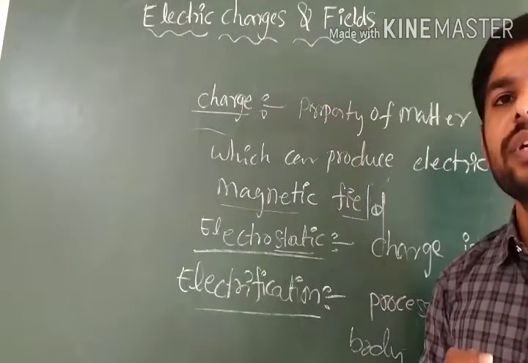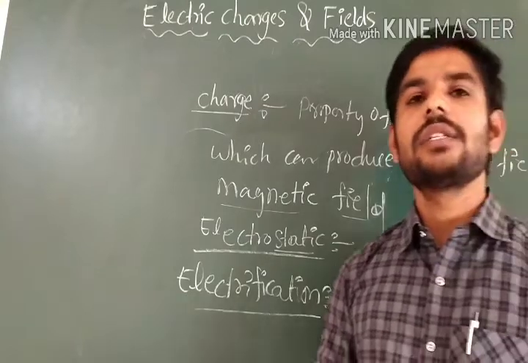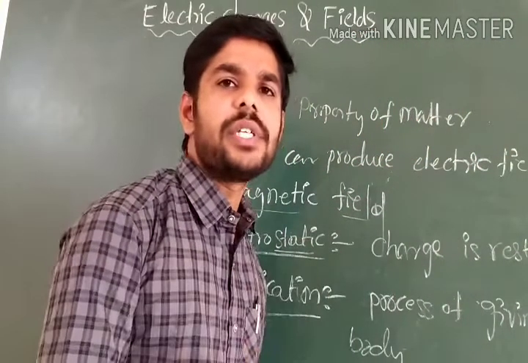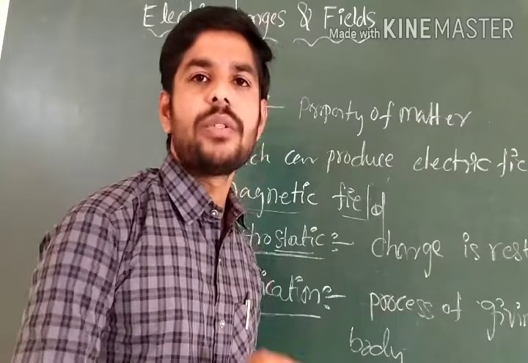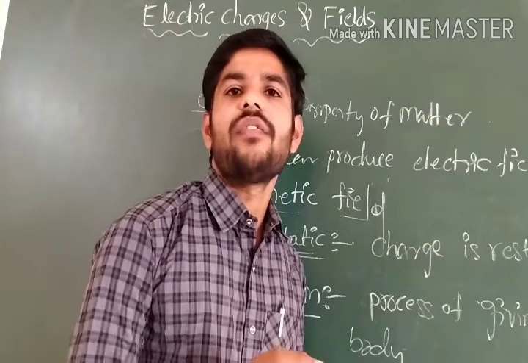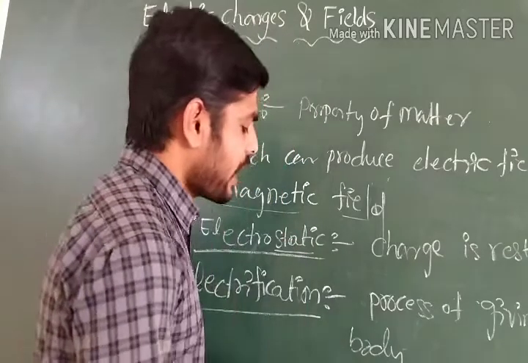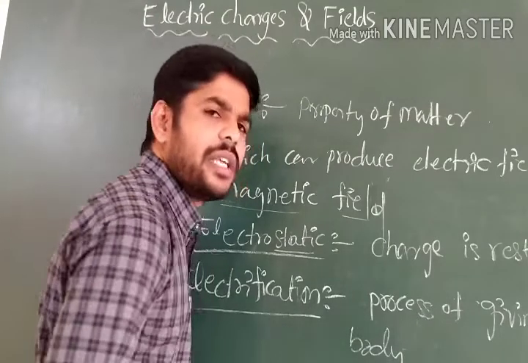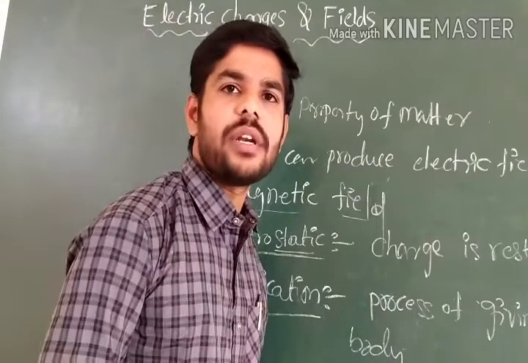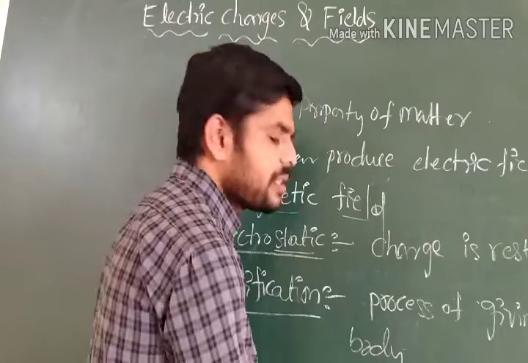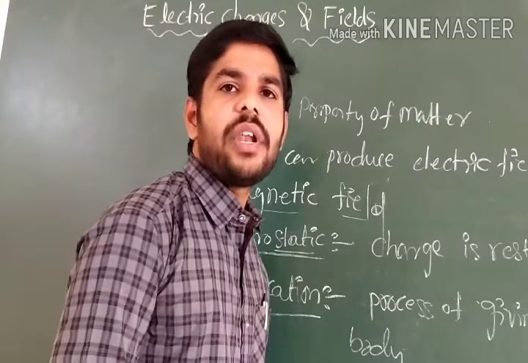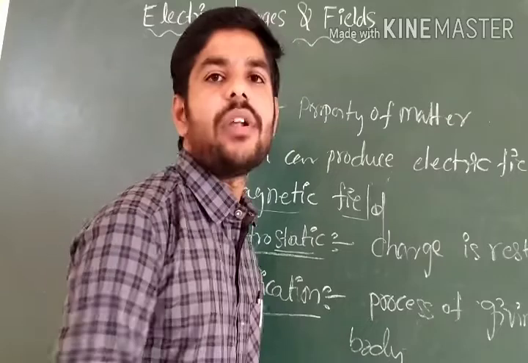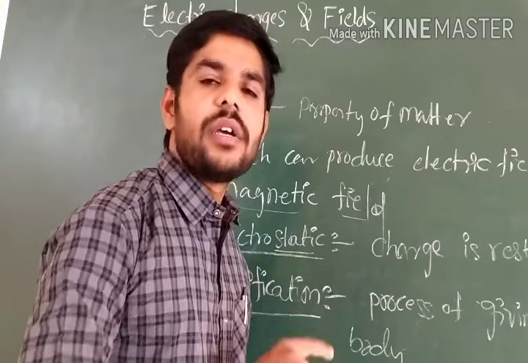Again and again I am telling you, charge. What is a charge? How is it developed? Charges are always developed from atoms. Every material or substance is made of crores of molecules or atoms, so every metal carries atoms. Already we know from chemistry that every atom carries electrons, revolving around the nucleus in different orbits.